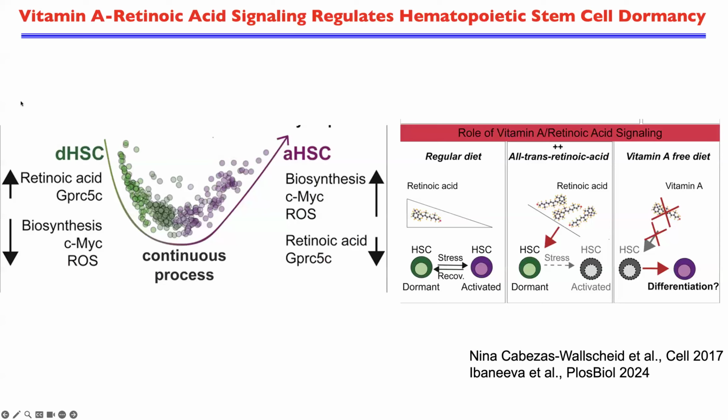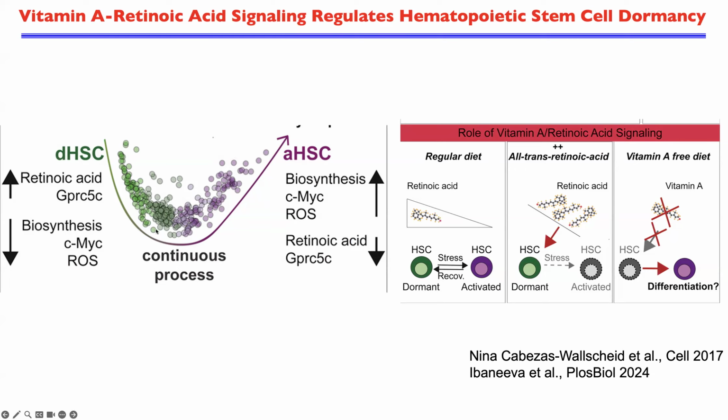They found that the transition from dormant HSC to active HSC is a continuous process rather than two distinct populations like DHSCs and AHSCs. With bulk cell data, we would not be able to draw these conclusions.